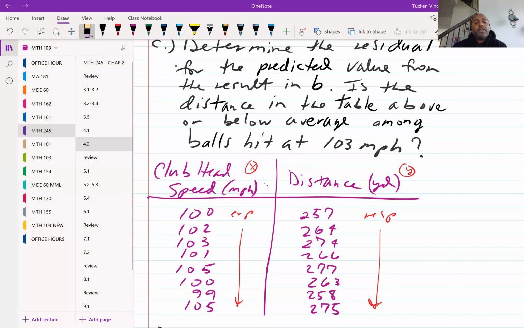We're going to use this information and find our regression line. We're going to type the data values in the same way we did for the correlation coefficient. We took these data values and found our correlation coefficient for this data set. So we're going to do the same thing for the regression line.